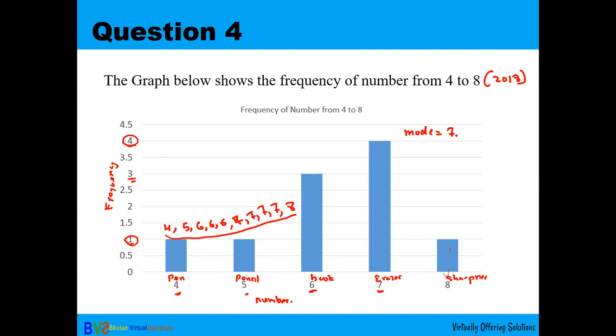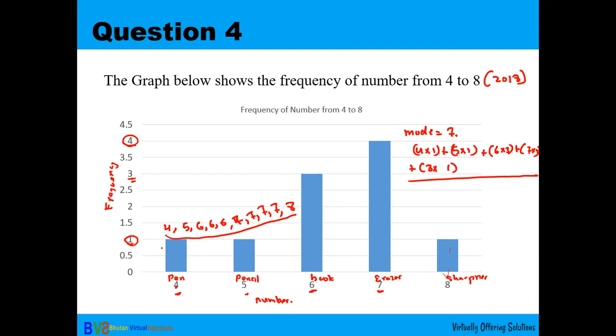To find the mean, you need to do 4 times 1 plus 5 times 1 plus 6 times 3 plus 7 times 4 plus 8 times 1, divided by the total number.